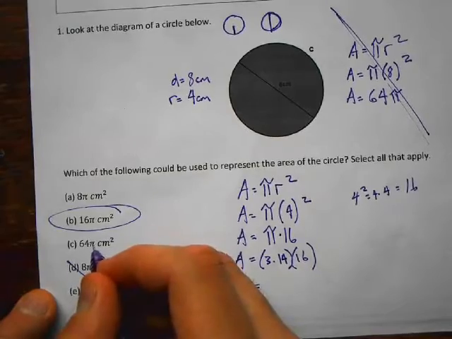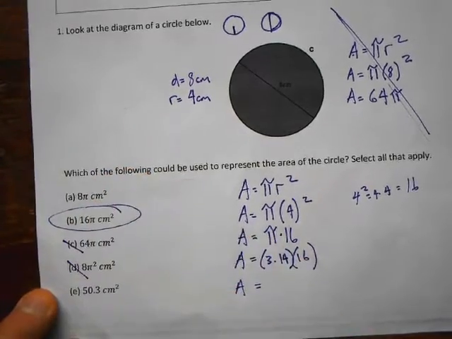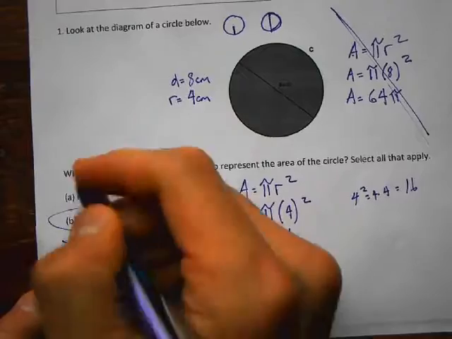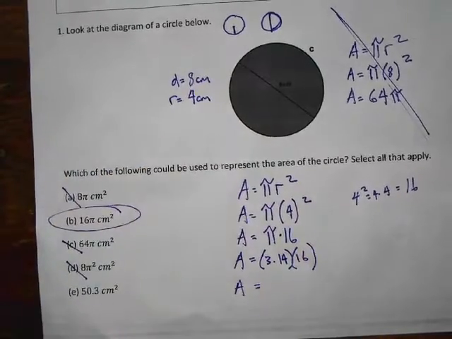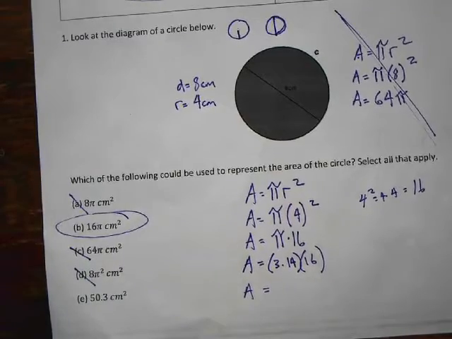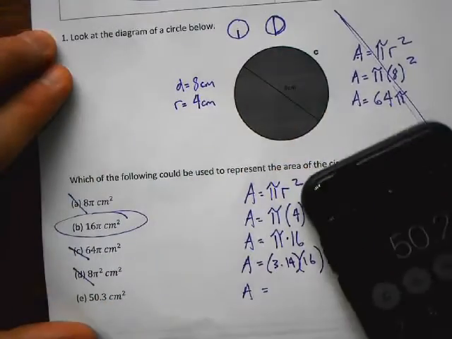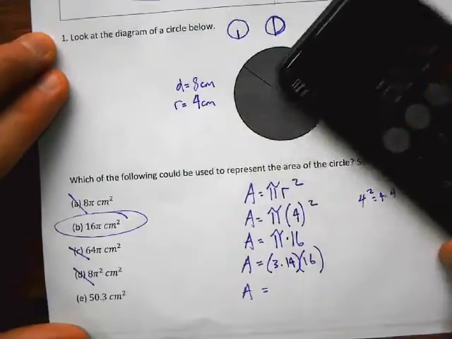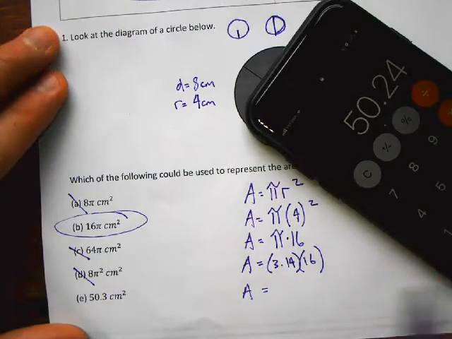And 64 pi, we already know that's the wrong answer. 8 pi, it's not that, 16 pi. So let's see if 50.3 is reasonable. And it might be that a different value for pi was used. When I wrote down 50.3, yeah, because if I use this approximation for pi, I'm going to get 50.24.